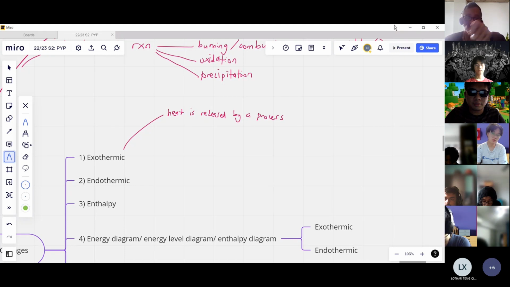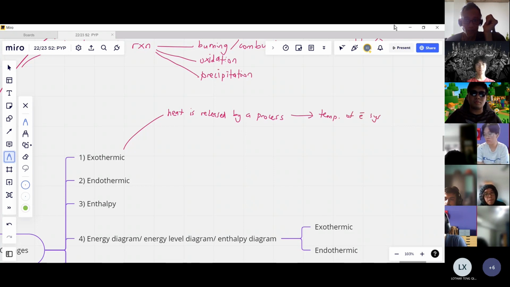Okay, so what else? That also means the temperature of the system increases. Yes, don't confuse yourself. If it's an exothermic process, temperature increases.